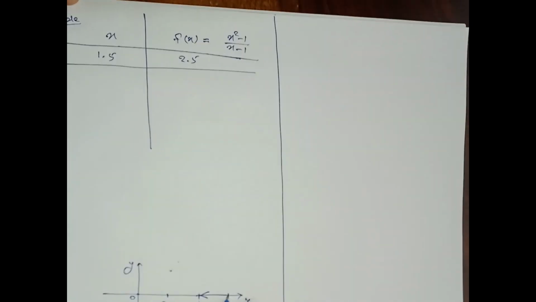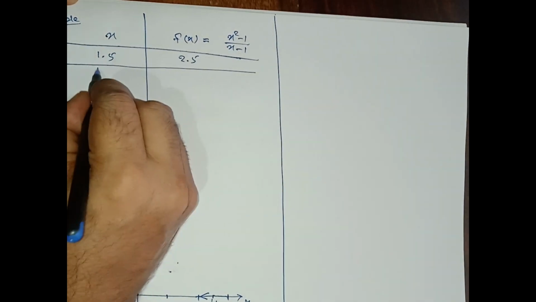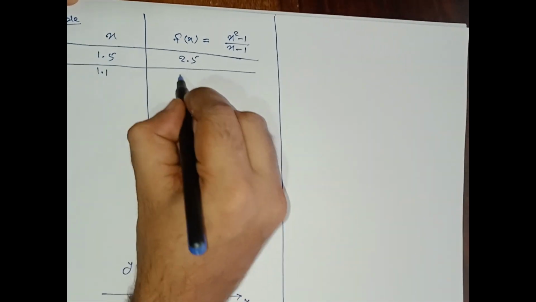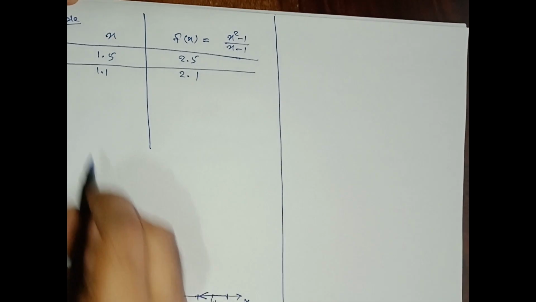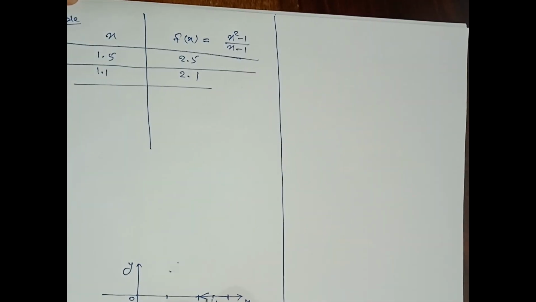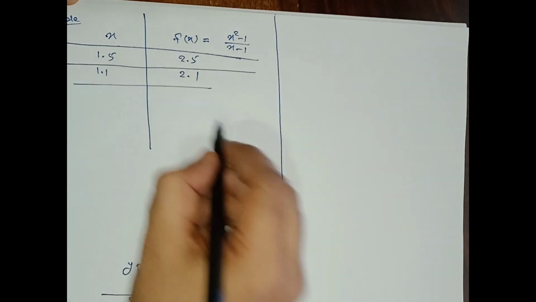Next, get more closer. Suppose here is 1.1. Substitute 1.1, you will get 2.1. Now we are going more and more closer, 1.01.